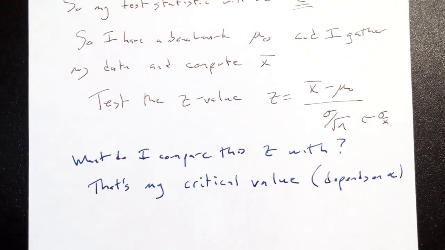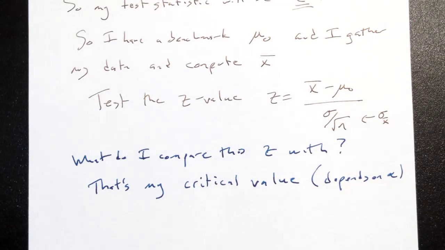And that's going to depend on my alpha, my choice of error, the one where I say, how confident do I want to be? How confident I want to be comes down to this table, my C table, my normal distribution.